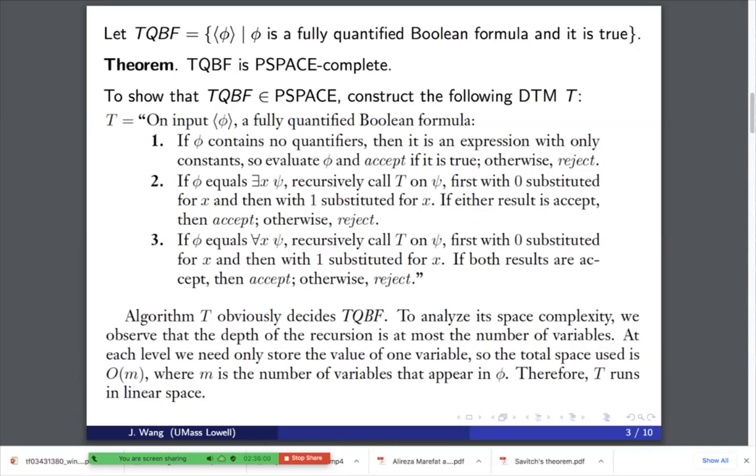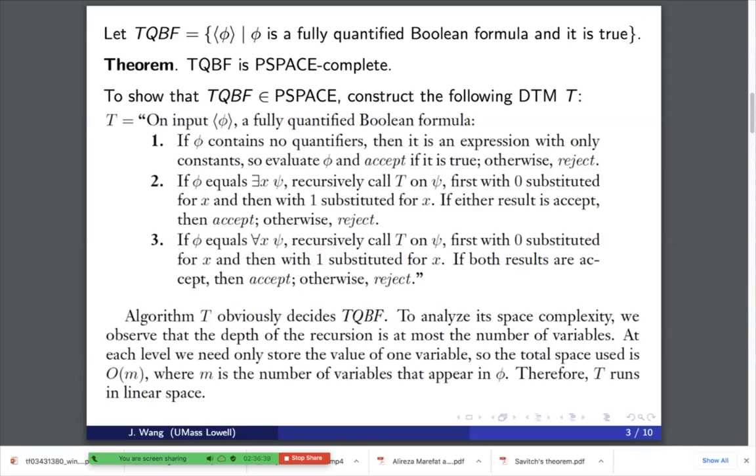And next, if phi equals there exists x psi, then we recursively call T on psi, first with 0 substituted for x, and then with 1 substituted for x. Because this x can only be either 1 or 0. If either result is accept, then accept, otherwise reject. So that's for the existential quantifier.